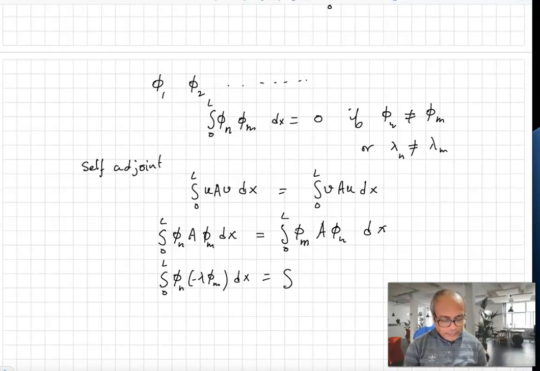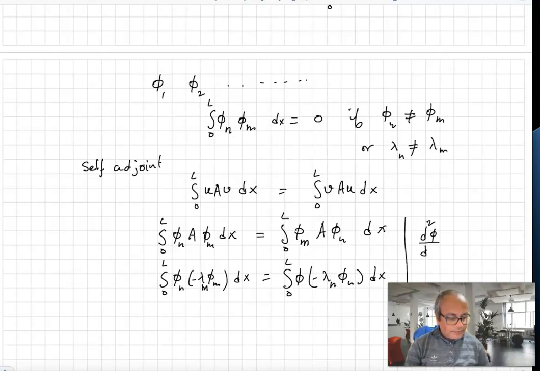And A phi m is minus lambda m phi m. So let me just write it down here. This is the equation, and in terms of the operator A, lambda phi is 0.